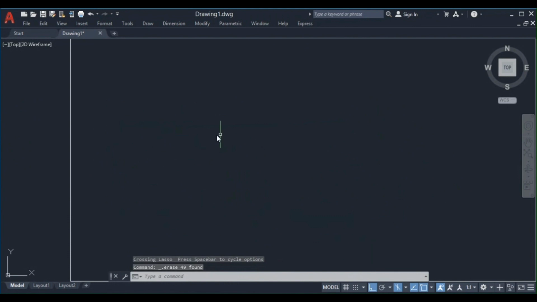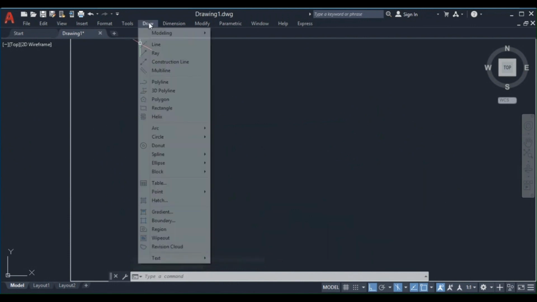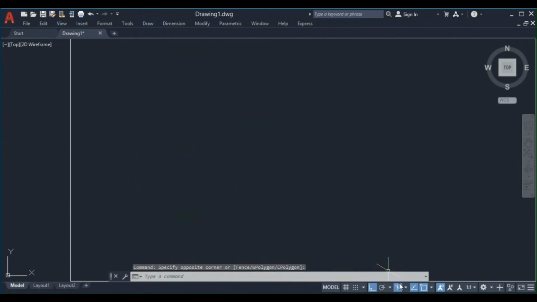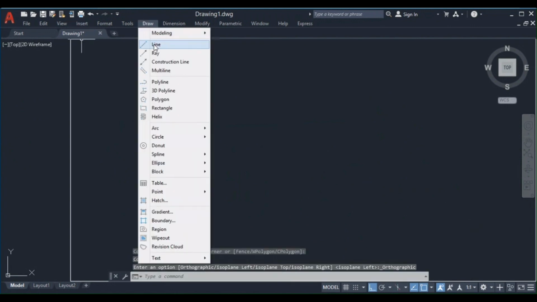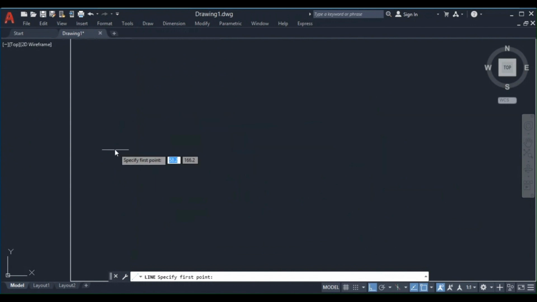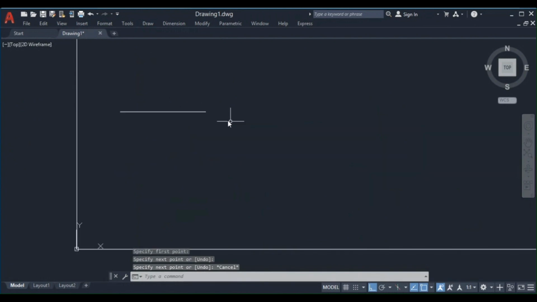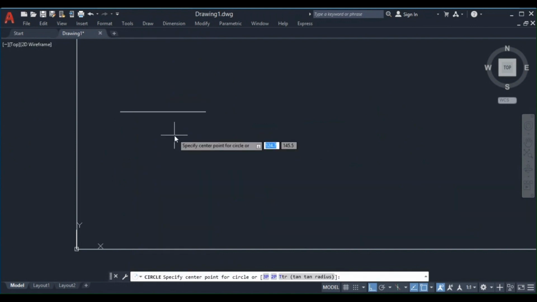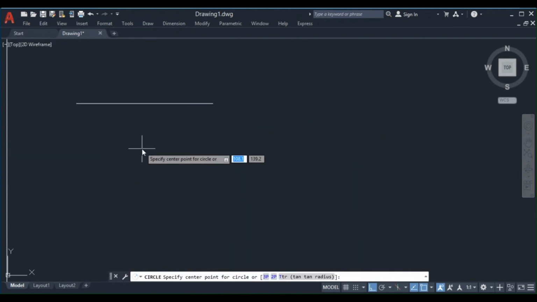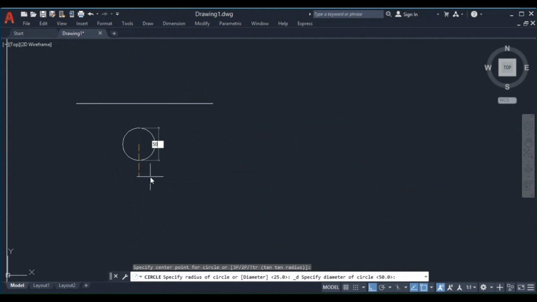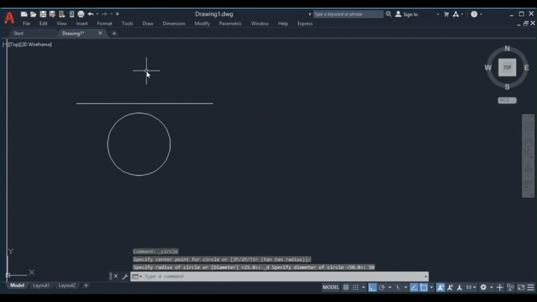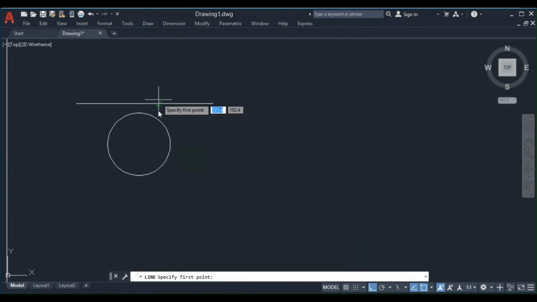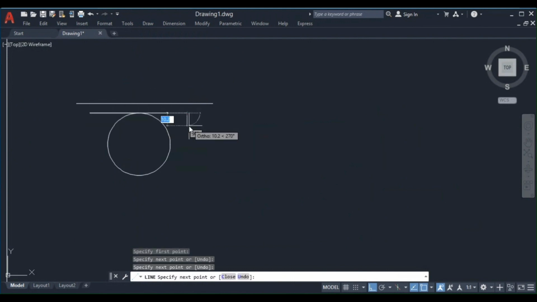First, just draw one small portion of the cylinder. Circle center diameter. What is the diameter? 50 mm. Just try to inscribe that in a square.